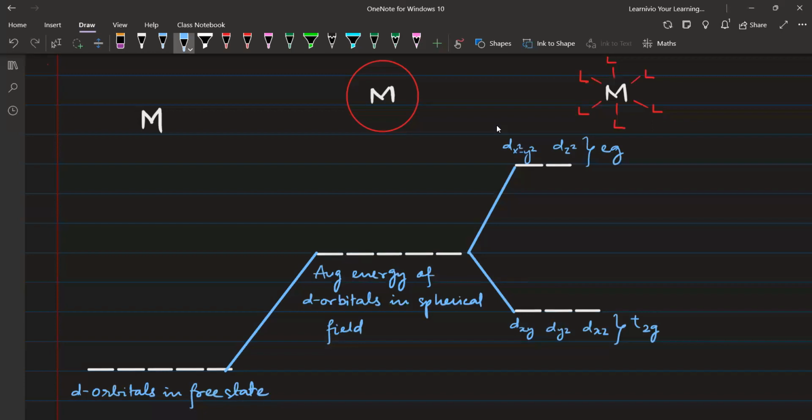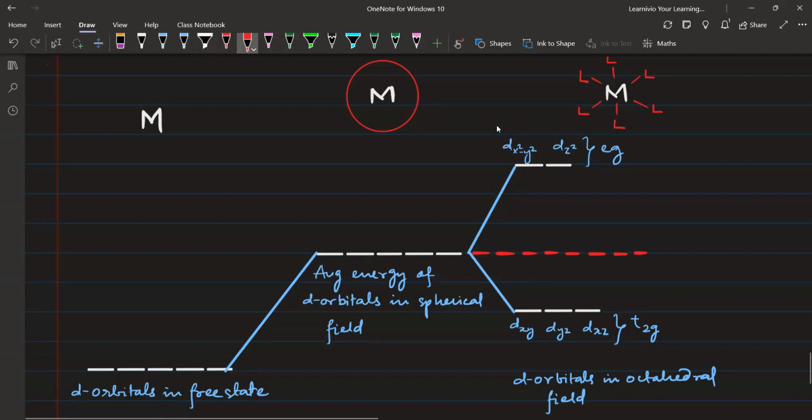And this is the d orbitals in octahedral field. अब यहाँ पे जो आपके पास लेवल है, ठीक है, the average energy in the spherical field is known as barycenter.